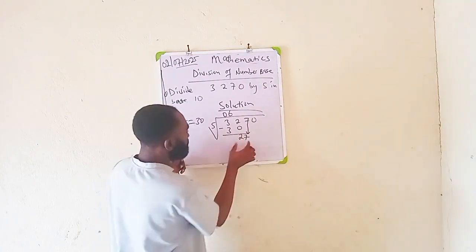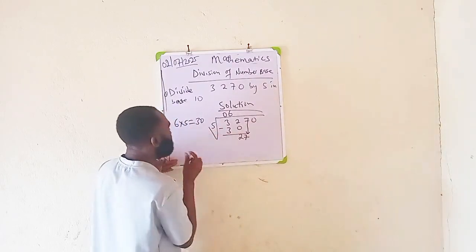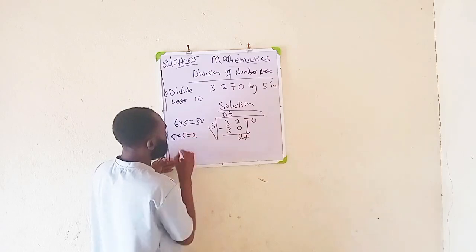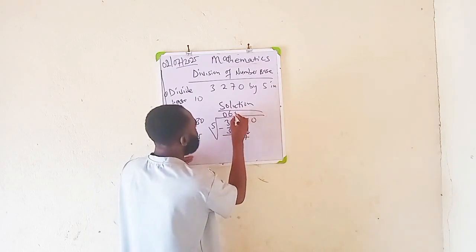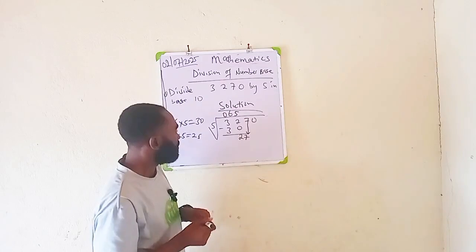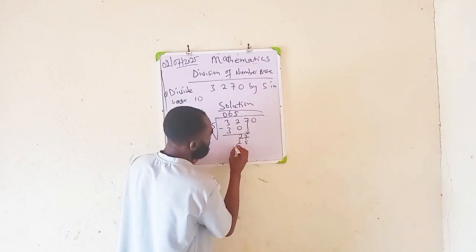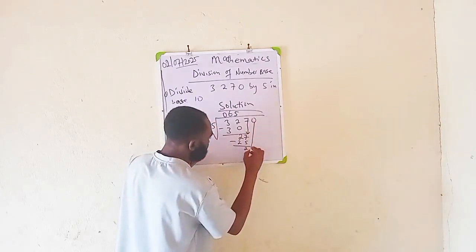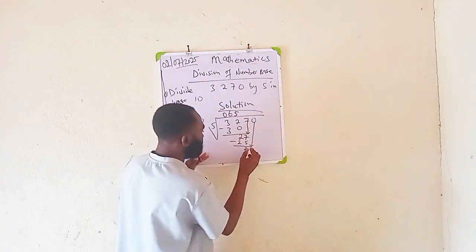So 27 divided by 5, we check how many times 5 goes into 27, and we discover that 5 times 5 is 25, remainder 2, so it's 5 times. 7 minus 5 is 2. 2 minus 2 is 0. You push the third value, which is 0.